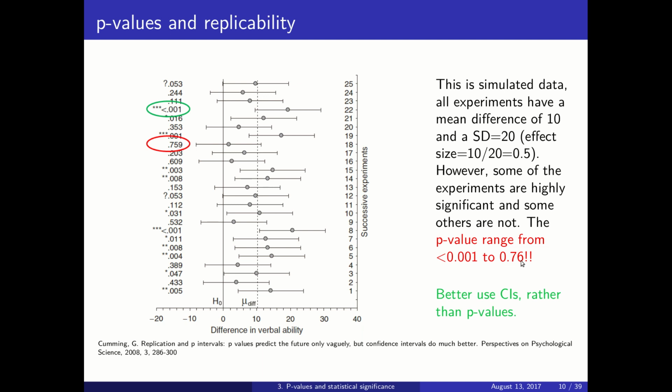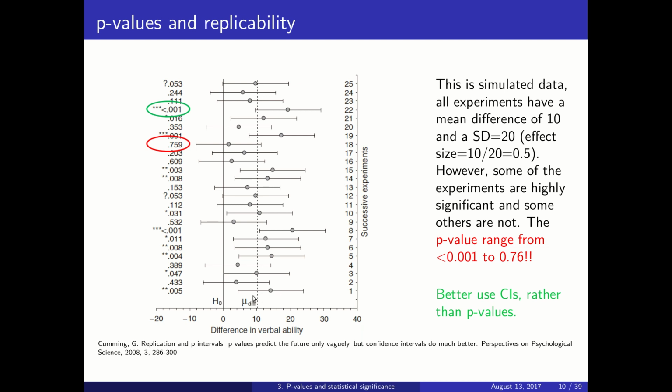So rather than p-values that are very unstable, it is much better to use confidence intervals, and we'll see now why. For each one of these experiments, we compute the confidence interval of the difference.